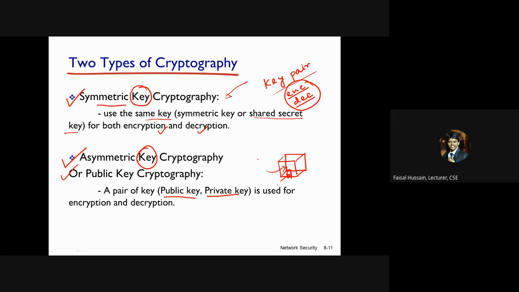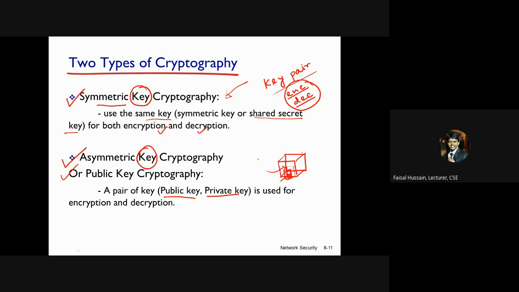Facebook has declared this public key to all. Everyone knows this public key, so your adversaries know the public key, but the private key is not known to all. It is known only to the receiver. This box is a special kind of box. Data can be inserted, but whenever you close the door, it cannot be opened from this side.